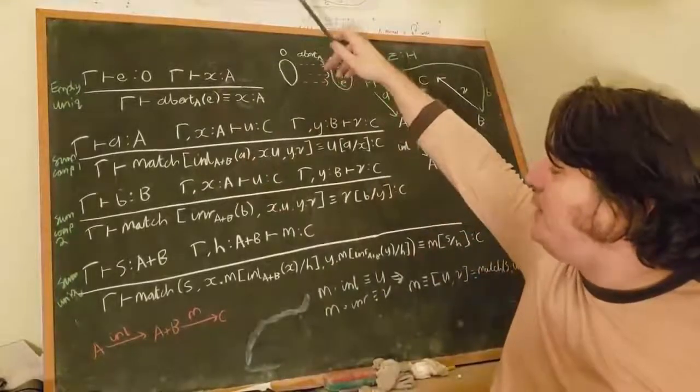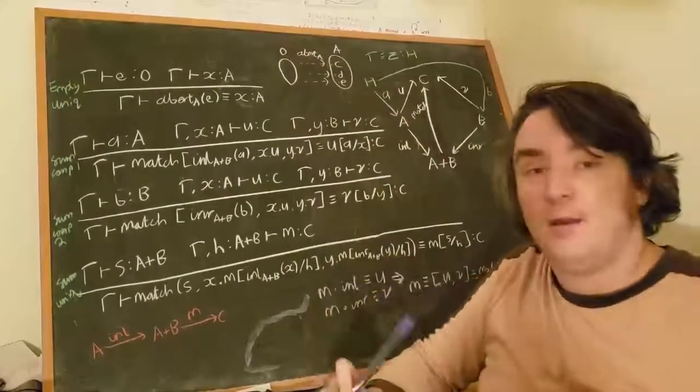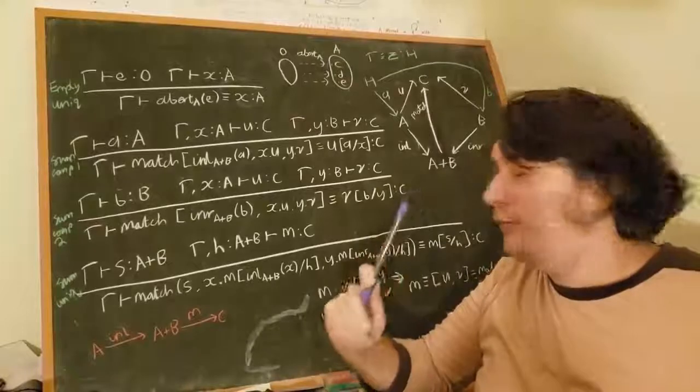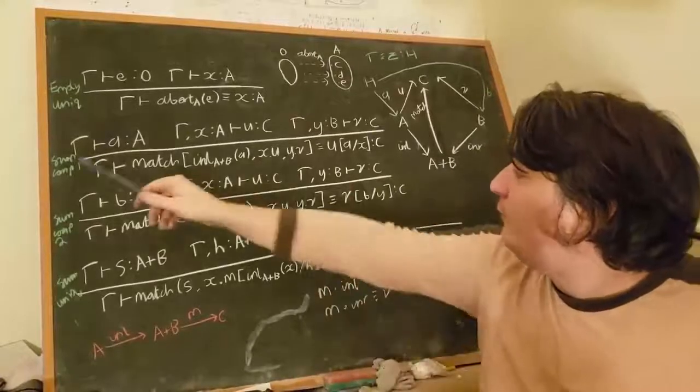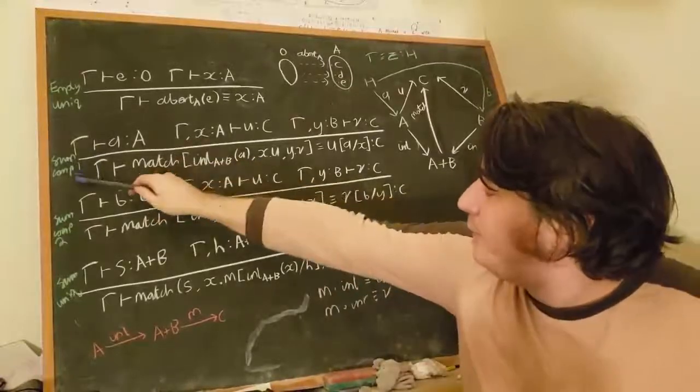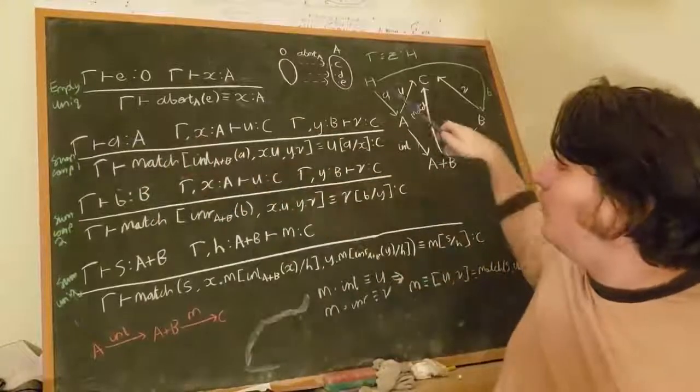So there we are. The other thing we need to talk about, the final thing, is the sum type. Okay, so this is the first computational rule for the sum type.